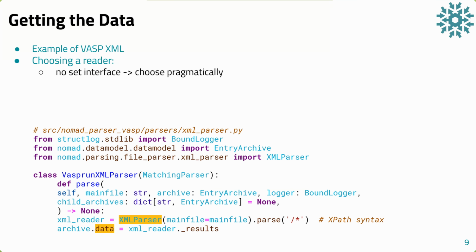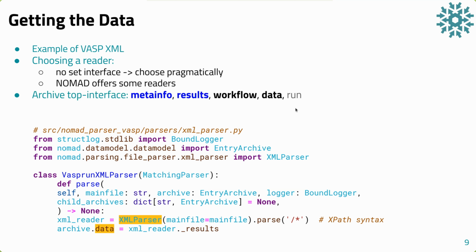You just choose whatever you feel most comfortable with. In some particular cases, Nomad also offers readers that are typically extensions of these. This is also what is happening here with this XML parser, which is an extension of the element tree.